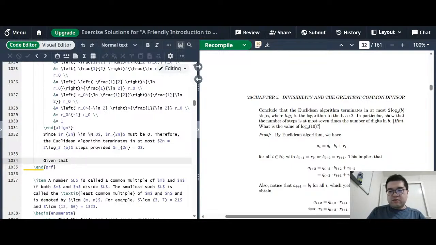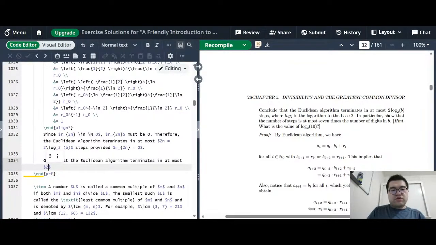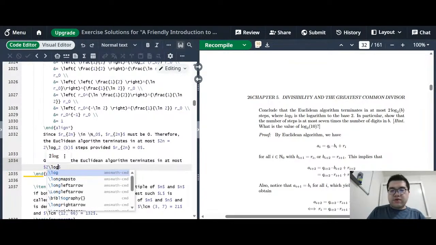Given that the Euclidean algorithm terminates in at most, well, we don't have to write it as 2n anymore because we already know the results of 2n.